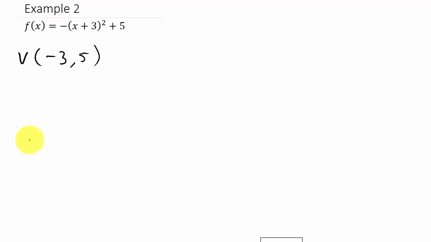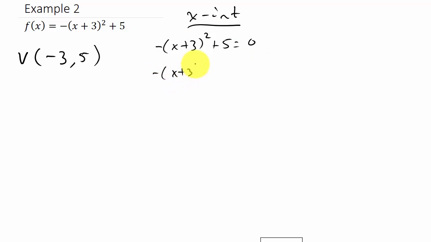x-intercepts. Okay. So I guess I'll come up here and do it. So my x-intercept, remember, you set this equal to 0 and solve. So I have -(x plus 3) squared plus 5 equals 0. So -(x plus 3) squared equals -5.